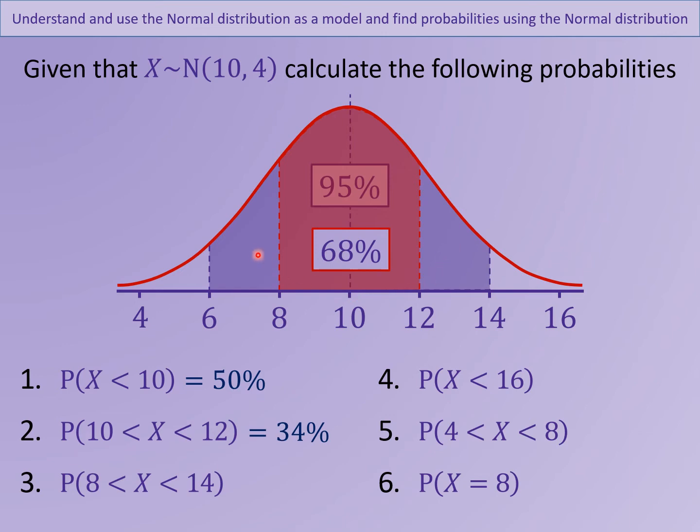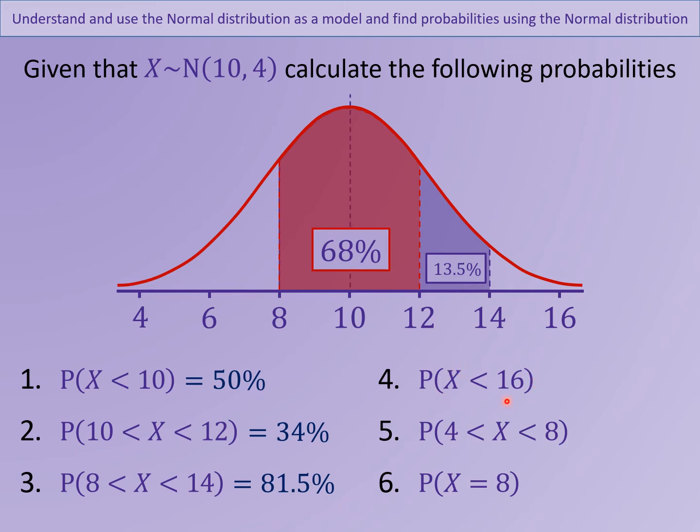So I know that these two bits just here must be the difference between 95 and 68 shared by 2. So that means that that one there is going to be 13.5, because both of them put together is going to get you 27, which is the difference between those. Right, which ones do I want then? Well, I want everything from 8 up to 14, so 68 and 13.5, so I'm going to be getting 81.5.